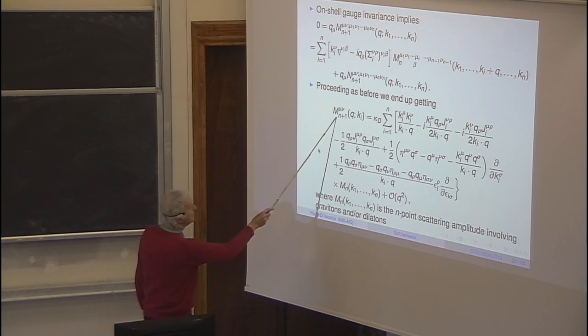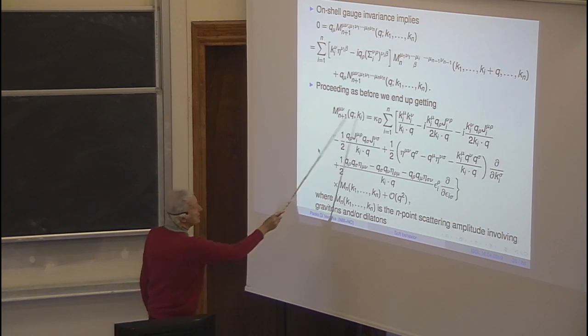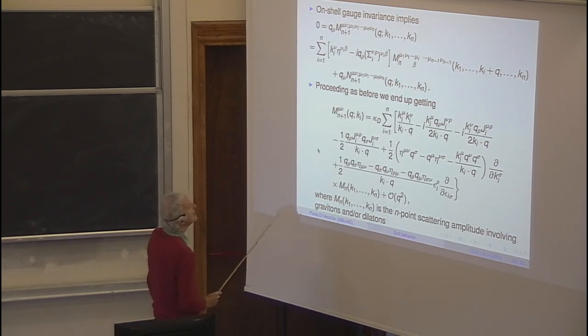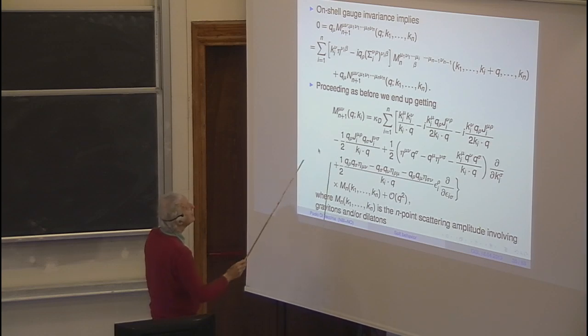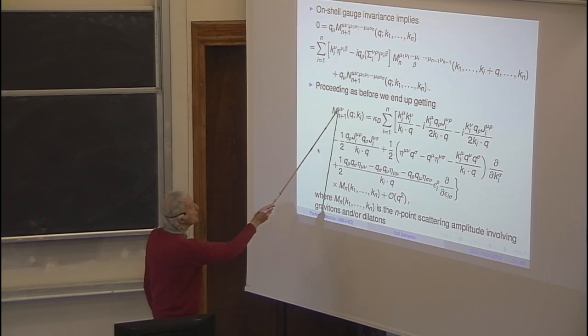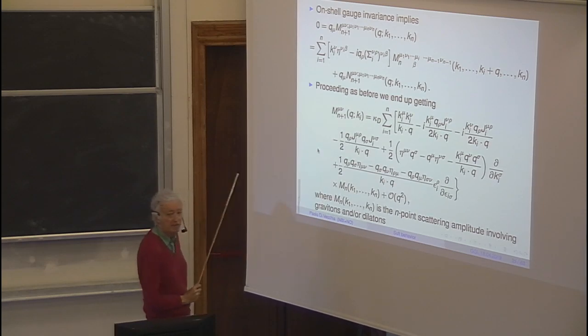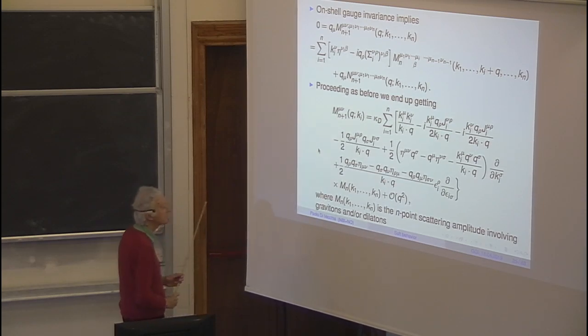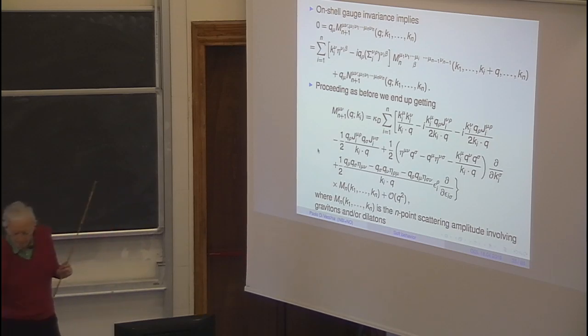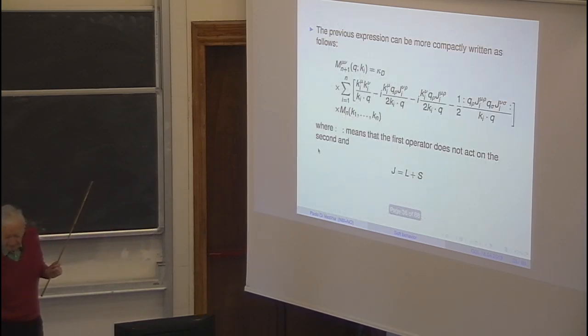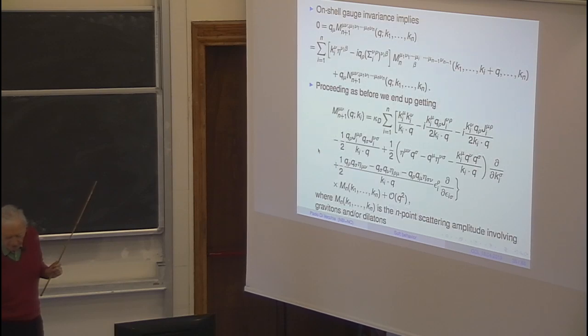So again, n plus 1 for the soft graviton is in terms of, well, here I have not specified. I have imposed the condition and I have not specified yet. So this could be a graviton, but could be also a dilaton. Now, there are all these terms.